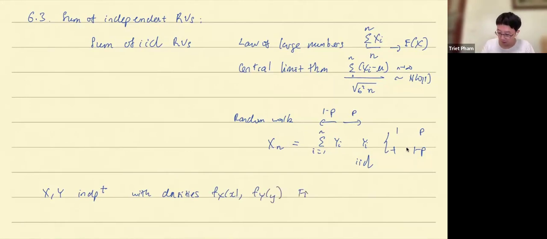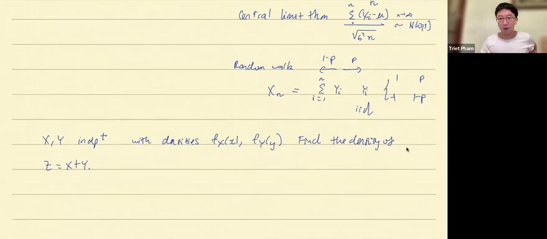The question is to find the density of x plus y. And let me tell you the textbook's formula. I'll copy it down word for word, and I'll explain why it's helpful.